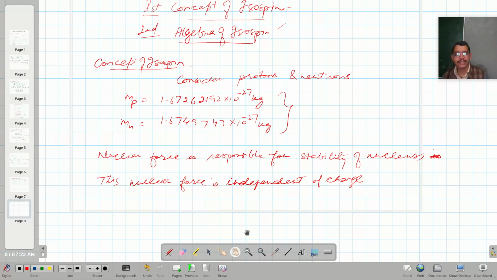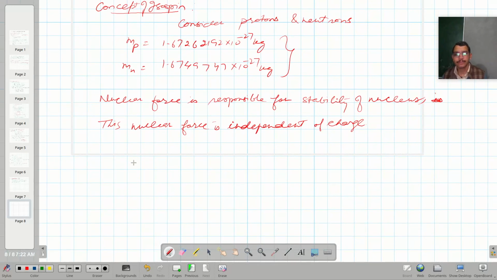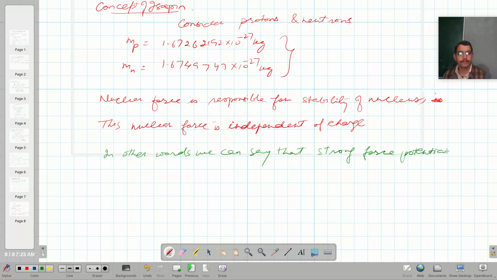So in other words, we can say that the strong force potential is almost the same for all nucleon pairs.